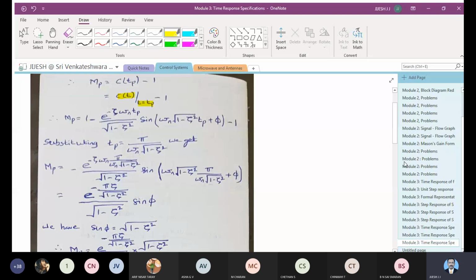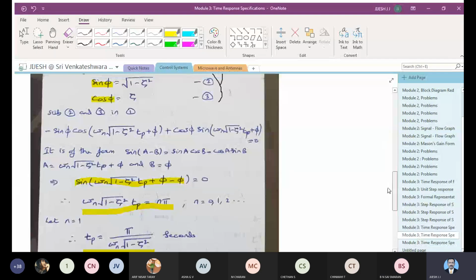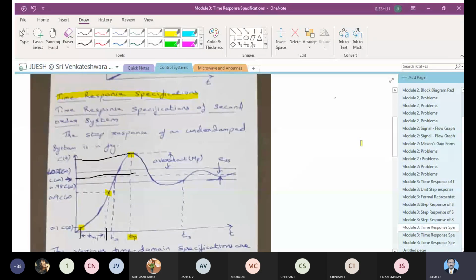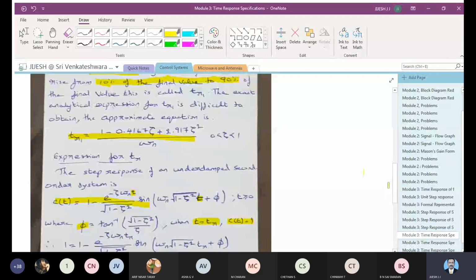We have written C of t here, here, and here, and in the previous derivation also. So everywhere C of t is available. So what is the equation for C of t?